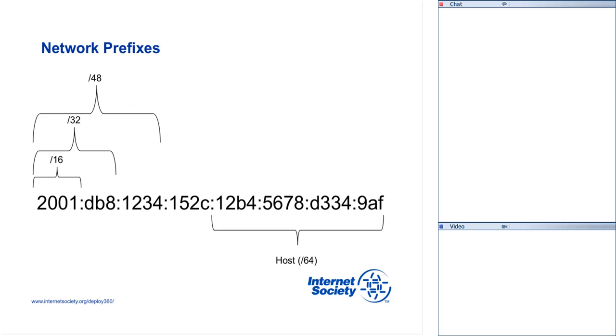Now, we talked about network prefixes and the fact that when you are allocating IP addresses out for a network, you're typically given, in most places, a /48, which will be the first 3 blocks of the IPv6 address, if we think about it. So the first 3 blocks would be the network address, and then you would have subnets underneath that.